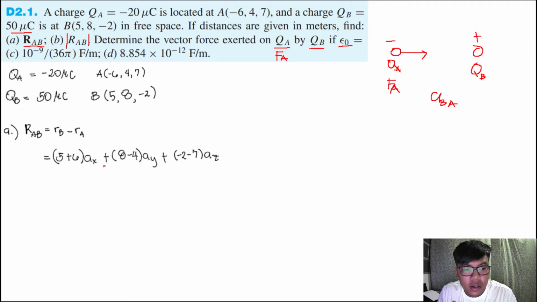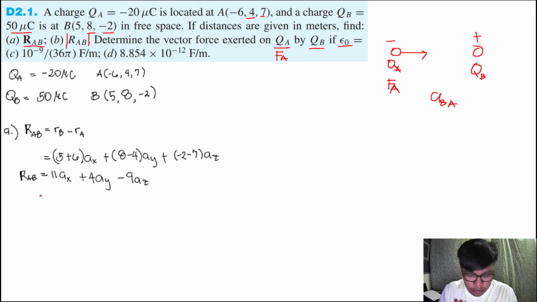So, 5 plus 6 A sub X plus 8 minus 4 A sub Y plus negative 2 minus 7 A sub Z. So, simply we have 11 A sub X plus 4 A sub Y minus 9 A sub Z.